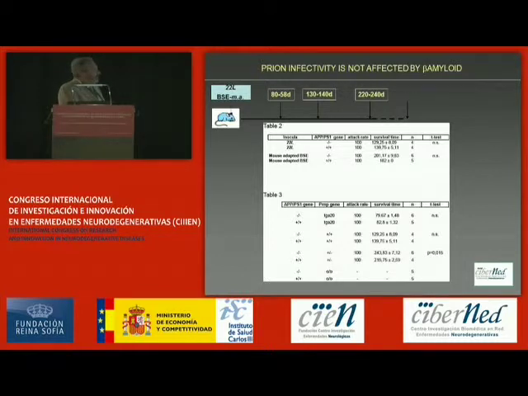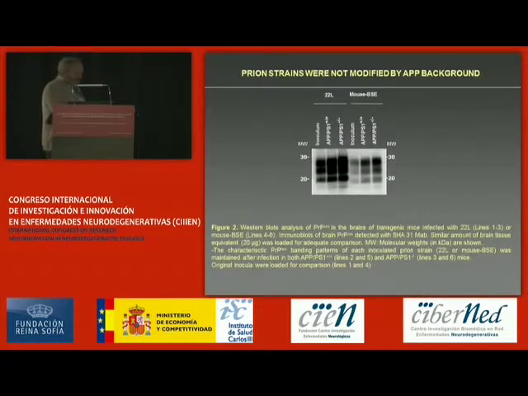Then with one copy or two copies or a lot, 4-6 copies, the survival time is shorter, but they respond only to the presence of PrP and not to the amount of amyloid in the brain. So that is the control to show that each strain injected and recovered from the brain of an infected mouse is not modified by the context of the brain, independent of the genetic background that we are using.